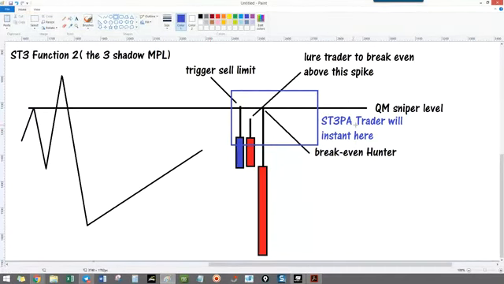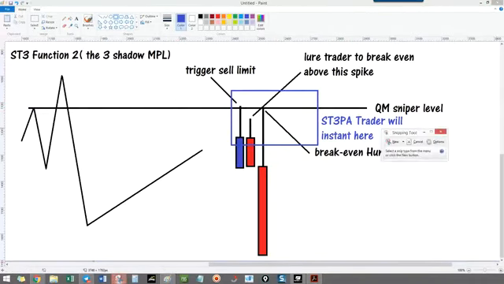Okay, for ST3 price action trader, do not use pending order. We just instant after this formation form. It got the three shadow like this, instant. Okay, without waiting for this candle to close. Okay, but if you are happy to wait for this candle to close, it is also fine. Okay.